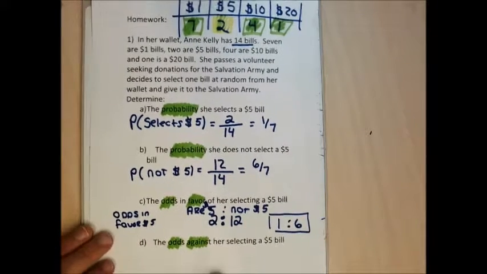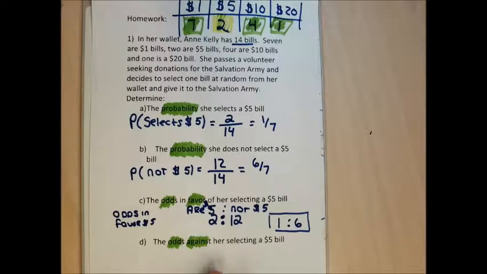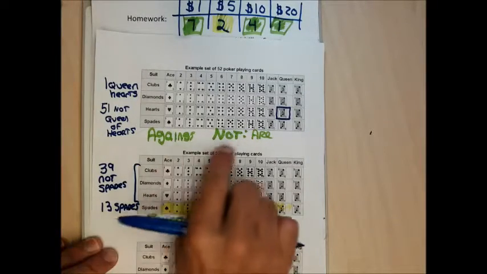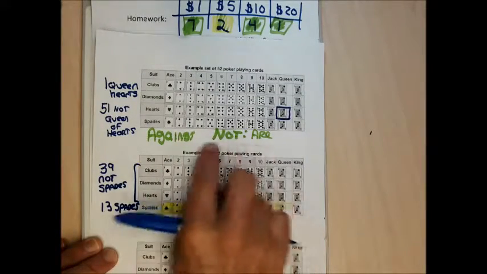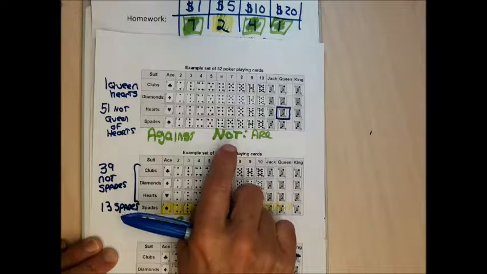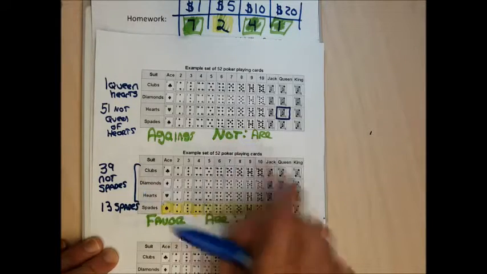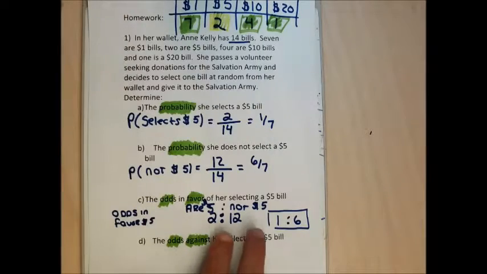When I go to do part D, I'm doing the odds against selecting a $5 bill. When I go to do the odds against something, I need to break the sample space up into the ones that don't have that characteristic and the ones that do have the characteristic. I just need to flip this over.